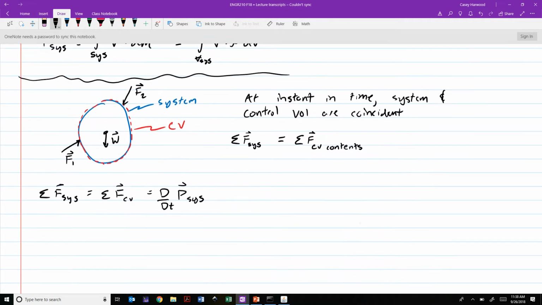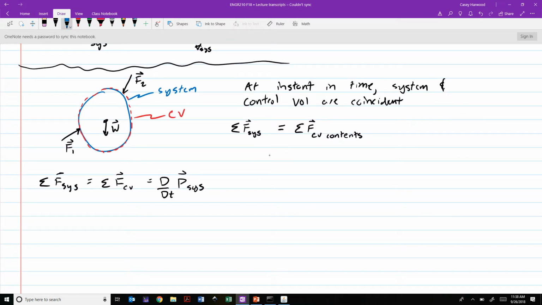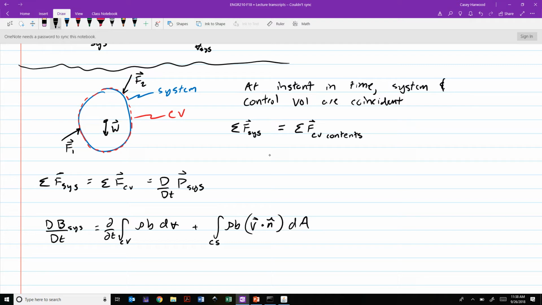So that's the next and really the final step in deriving the linear momentum equation. If we write one more time the Reynolds transport theorem, the integral over the CV of d/dt of rho b dV plus the integral over the control surface of rho b (V dot n) dA.